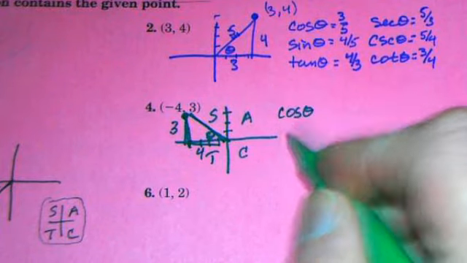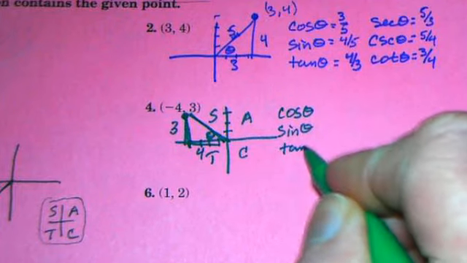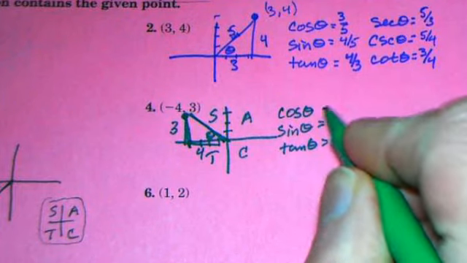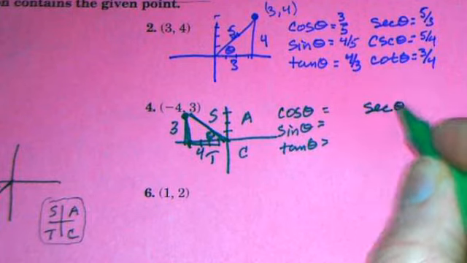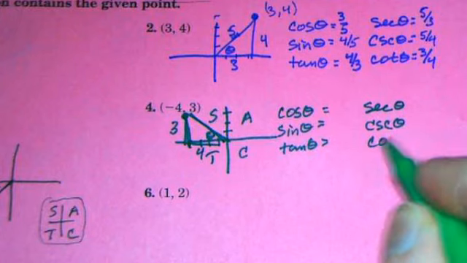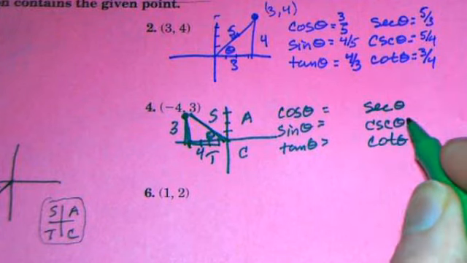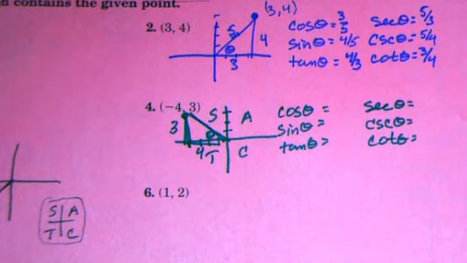Cosine, sine, tangent of theta, secant, cosecant, and cotangent of theta. And we want to write those ratios. We need to find out what the hypotenuse is.